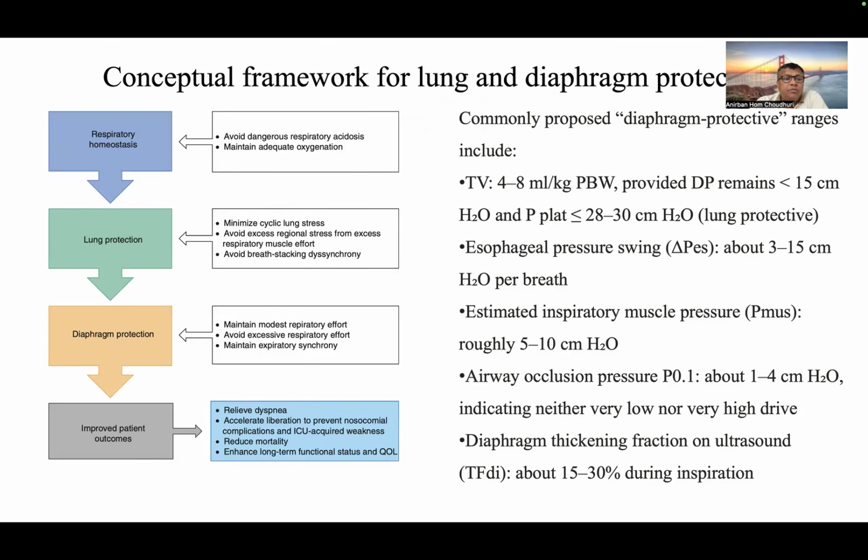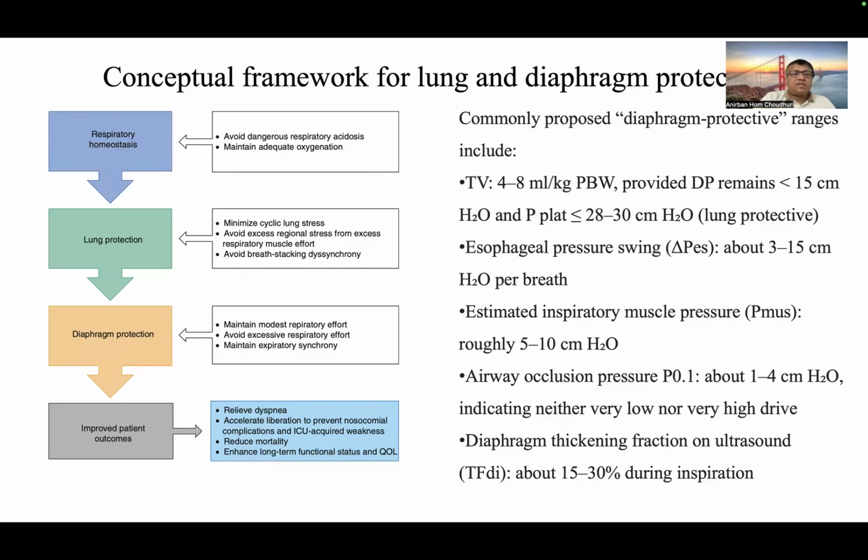In the next phase, we look for diaphragm protection, where we maintain modest respiratory effort, avoid excessive respiratory effort, and maintain expiratory synchrony. And finally, all of this, when maintained, leads to improved patient outcome, that is, relief from dyspnea, accelerated liberation to prevent nosocomial complications and ICU-acquired weakness, reduced mortality, and enhanced long-term functional status and quality of life.